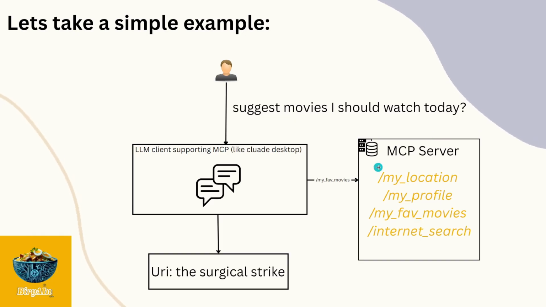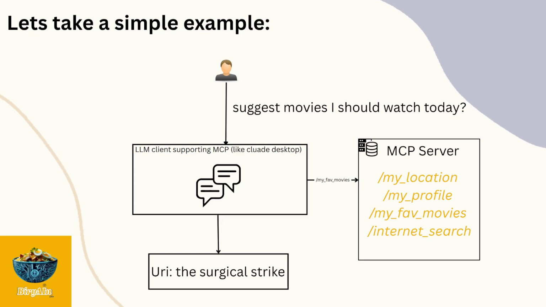Let's take an example where I ask the LLM to suggest the movies I should watch today. This LLM also supports MCP. It could be like Claude Desktop, or in future ChatGPT Desktop will also support MCP. So the client should support MCP, that is what I am saying.